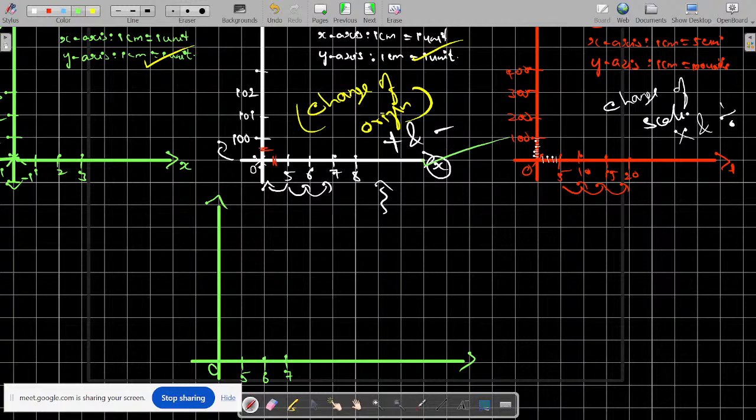The white graph. But instead of taking 5, 6 and so on, what I'm going to do here is, please make a note. I'm going to start from 50, 55. Okay. Then is 60, 65 and so on. And over here, I'm going to start with 100, 101, 102 and so on.